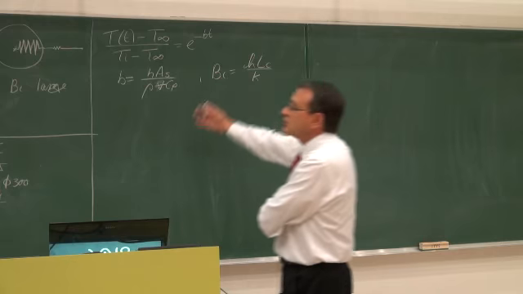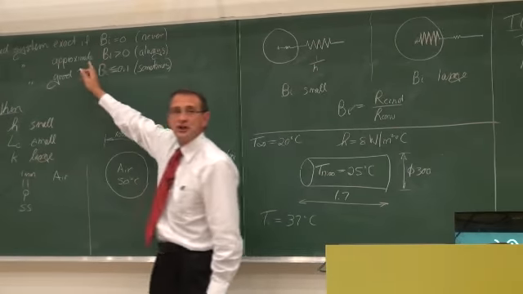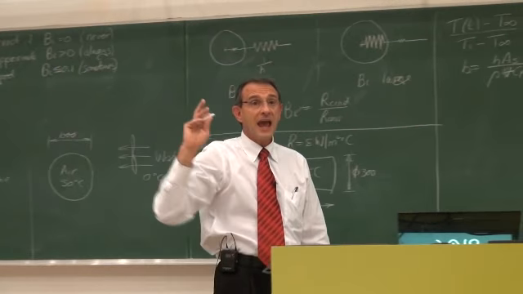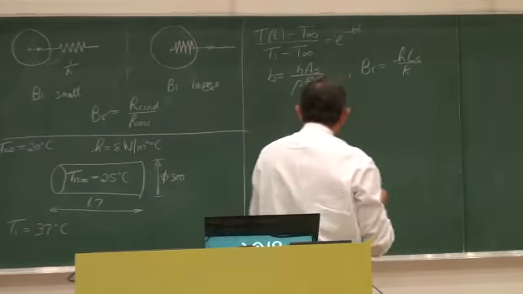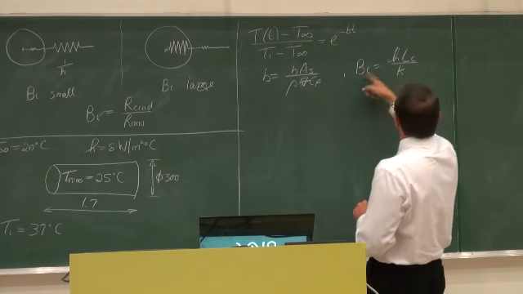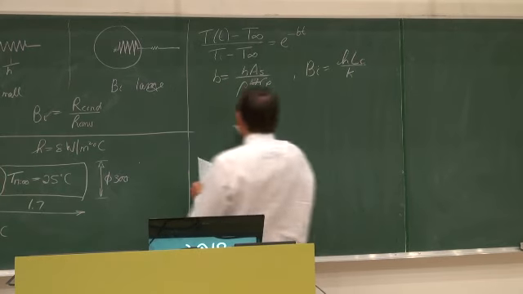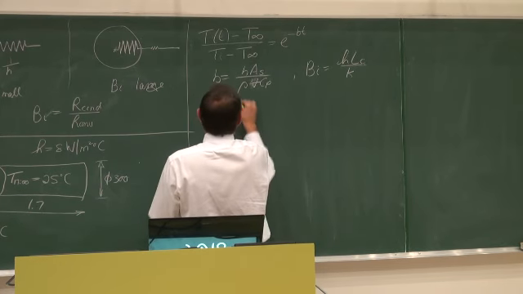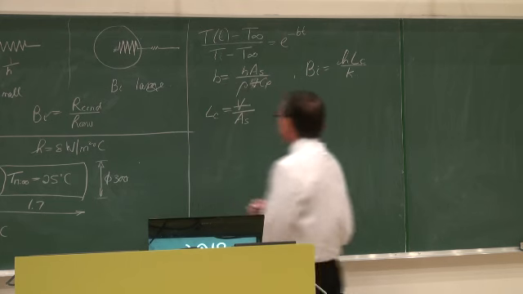We know we can always use this approach because it will always give us an approximate solution. Not necessarily very accurate, but we can always use it in any case. So, to determine the Biot number, we need the characteristic length. The characteristic length is equal to the volume divided by the surface area.